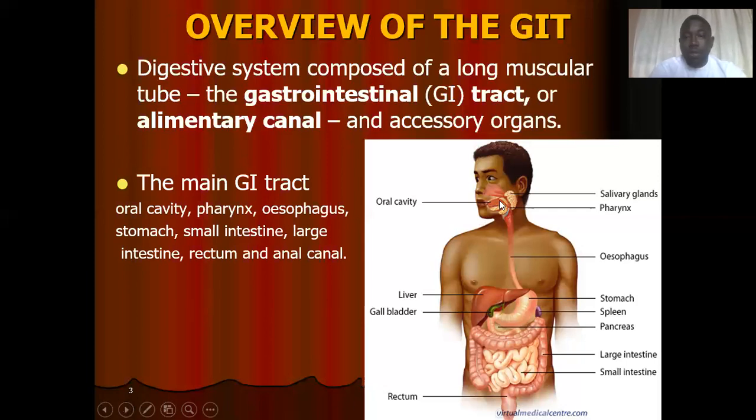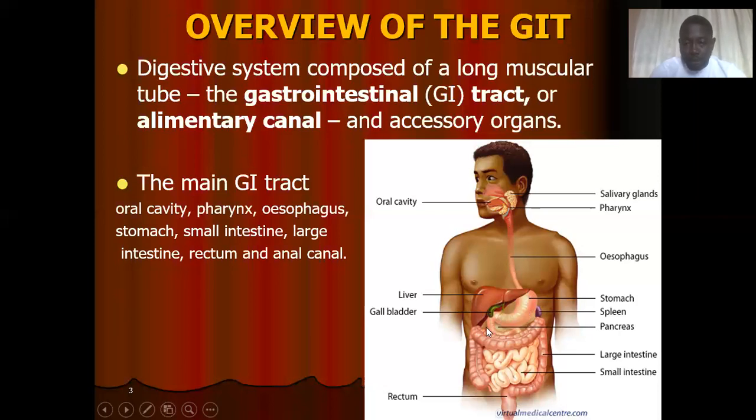Now, of course, when we are talking about the main ones, we have the oral cavity, or better still the buccal cavity, where food is placed in the mouth for mastication to take place, grinding it, and also for addition of saliva. After the oral cavity, food will get into the pharyngeal phase. And after the pharyngeal phase, it goes into the esophagus. From the esophagus, food will get into the stomach.